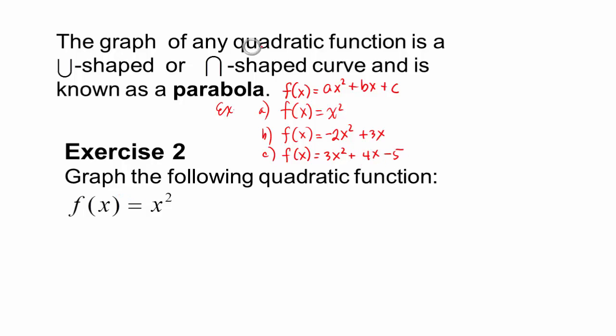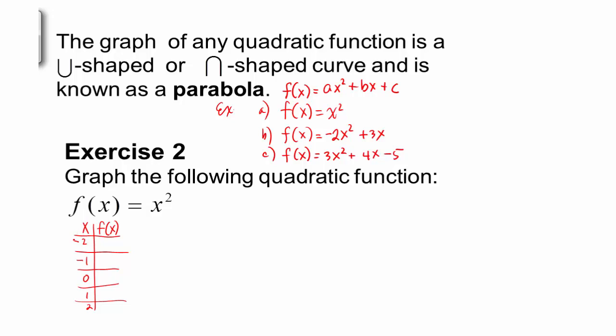Now, the graph of any quadratic function is u-shaped or an inverted u, depending on the coefficient of x squared. So how do we graph the quadratic function f of x is equal to x squared? We can generate a few ordered pairs. Let's say this is x, and remember our y is f of x. I'll plug in a few numbers: negative 2, negative 1, 0, 1, and 2.